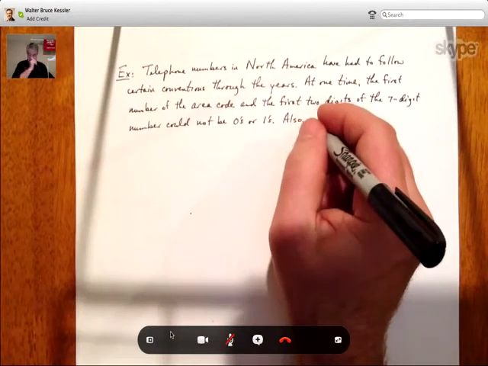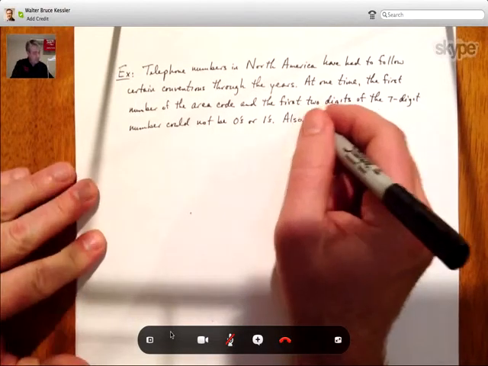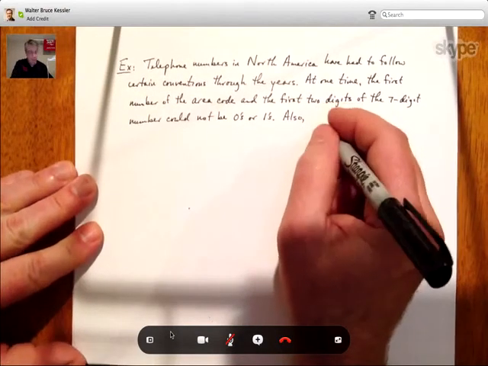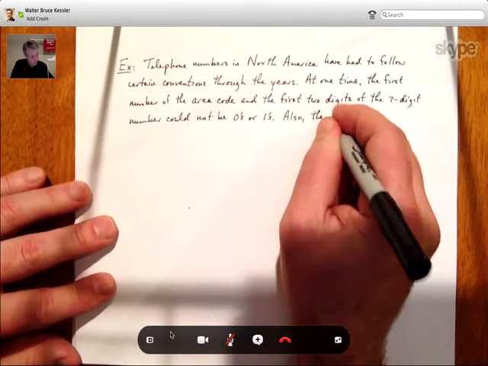Also, the middle digit of the area code had to be either a 0 or a 1. Now, you know that's changed. We're in a 270 area code now, right? But this is the way it used to be.